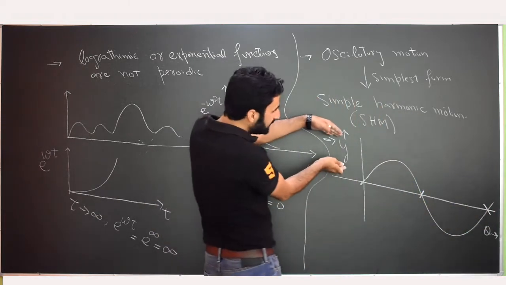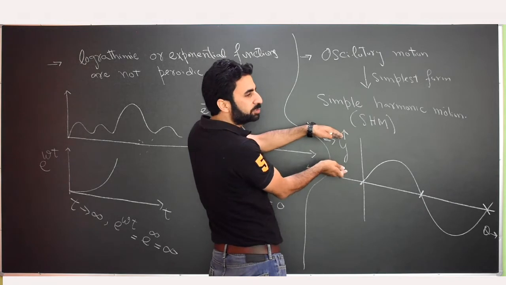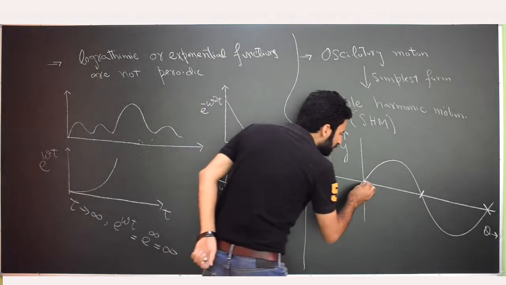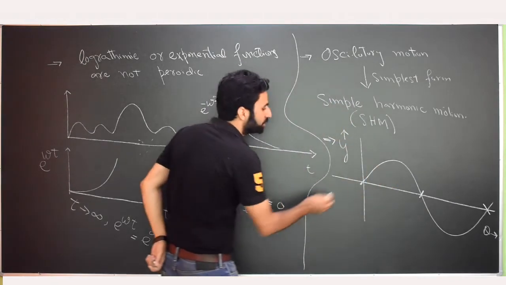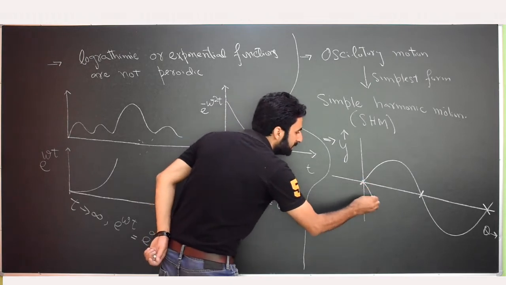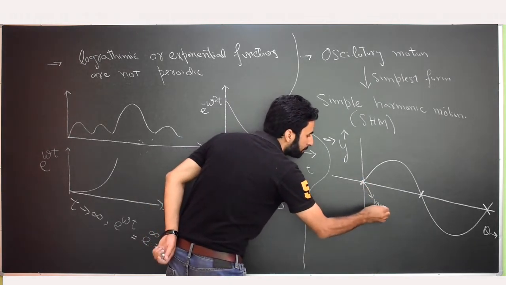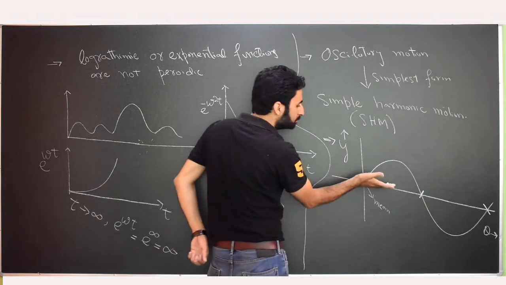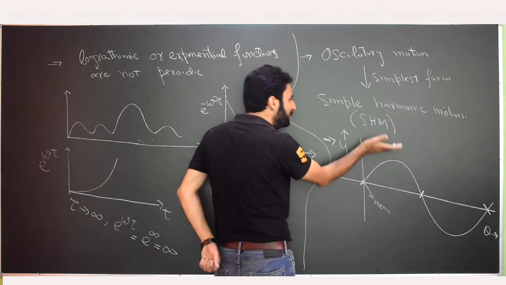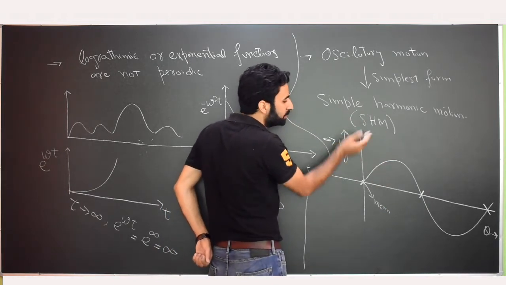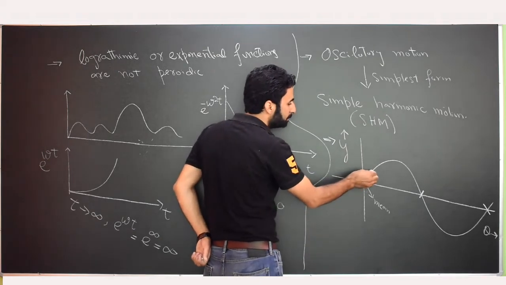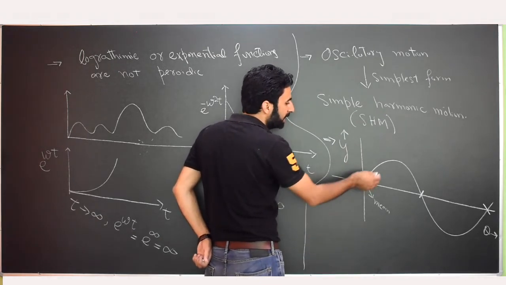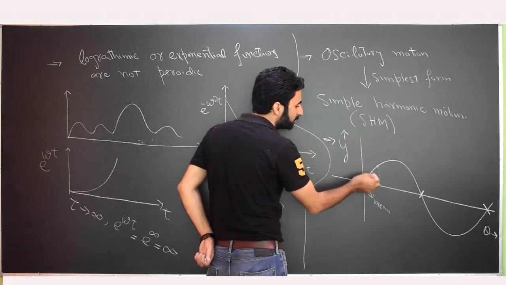If we define this axis as the displacement, this position is known as the mean position. Here the particle is at the mean position, and here the particle is this much displaced from the mean position.